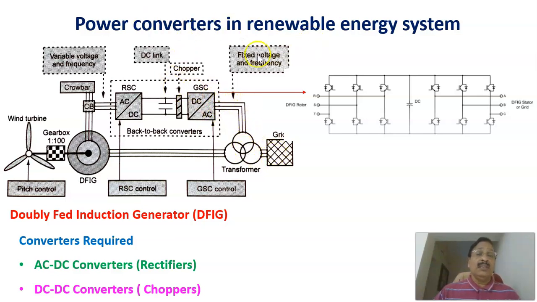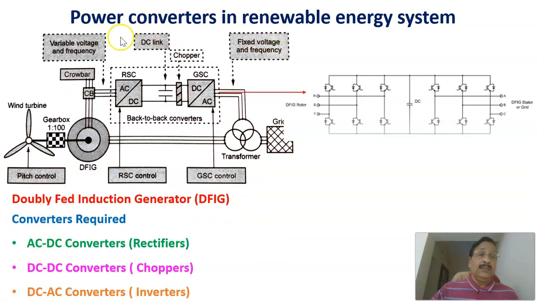Therefore, the power converters required here are, first, the AC to DC converter, that is called the rectifier. Then the DC to DC converter, called the chopper, is required. The level of the DC voltage can be changed by this chopper.